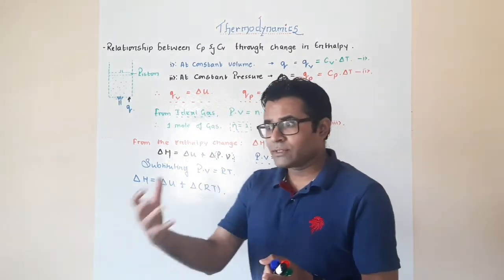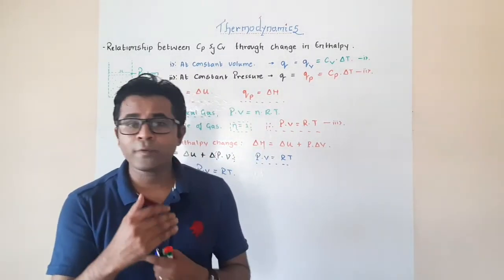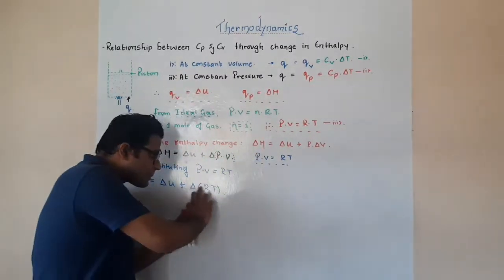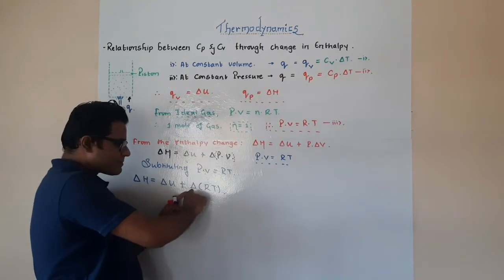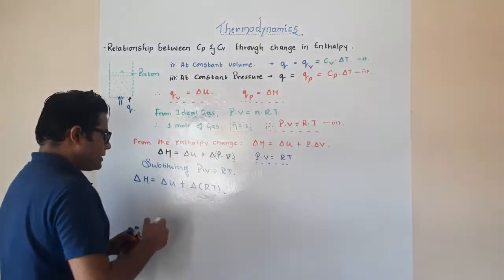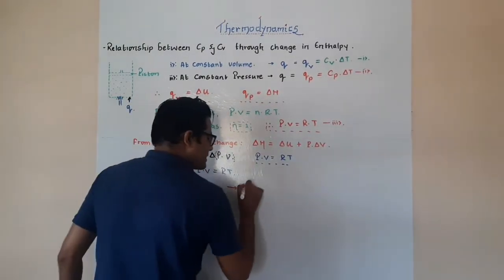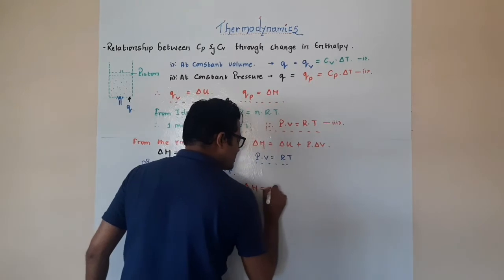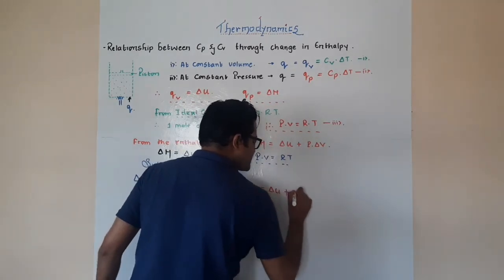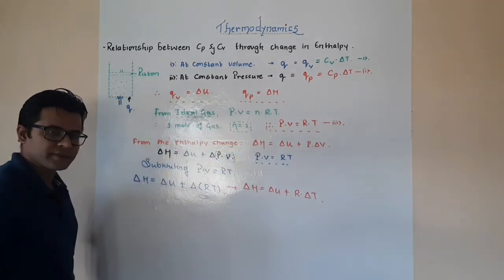That particular magnitude remains constant, correct? So what we can change is with respect to temperature. So if I take this particular delta inside, it will affect only the temperature. Therefore, this expression becomes delta H is equal to delta U plus R into delta T. This is how it becomes.